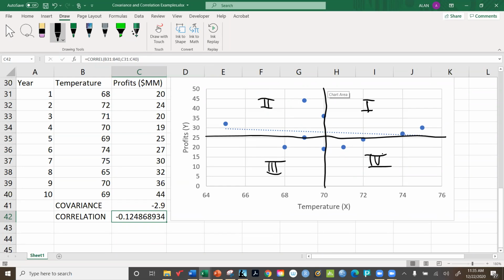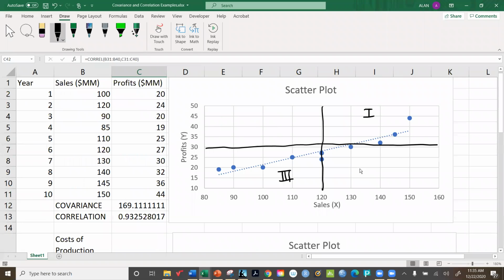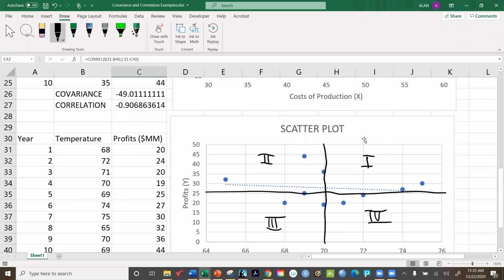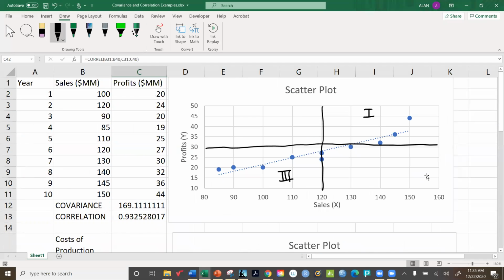It's not perfect, but you notice, unlike above, where we have clusterings in the two quadrants, here there's a random scattering between all four quadrants, which suggests that there's no particular relationship between X and Y. Did that make any sense? I hope so. That's part of the way to visualize what covariance and correlation are telling us.